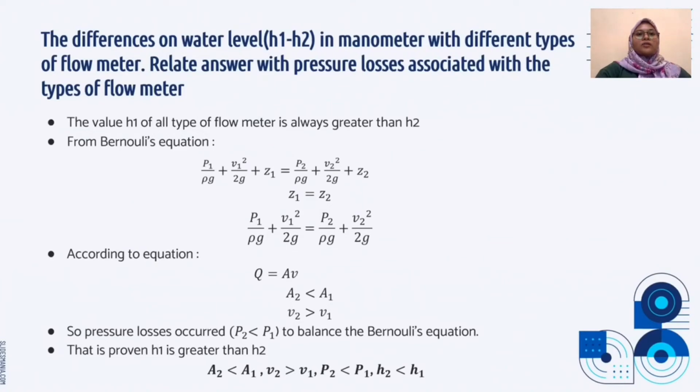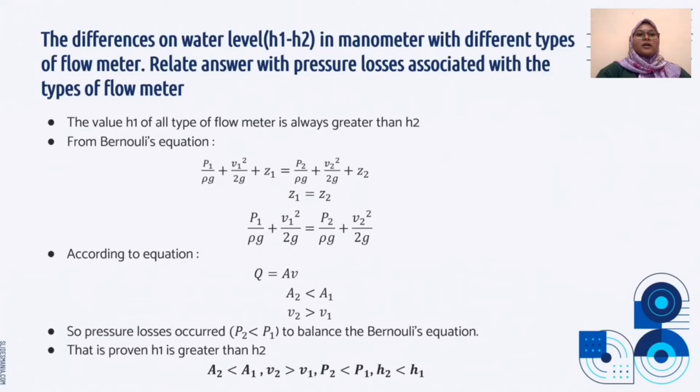So A2 is less than A1, so V2 is larger than V1. So pressure losses occur, that is P2 smaller than P1 to balance the Bernoulli equation. So that proves how H1 is greater than H2.